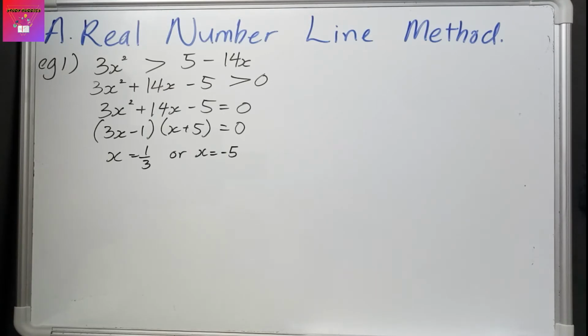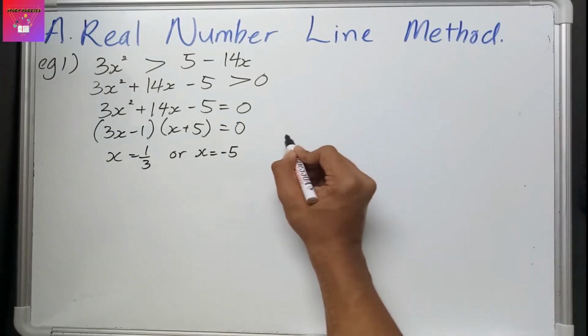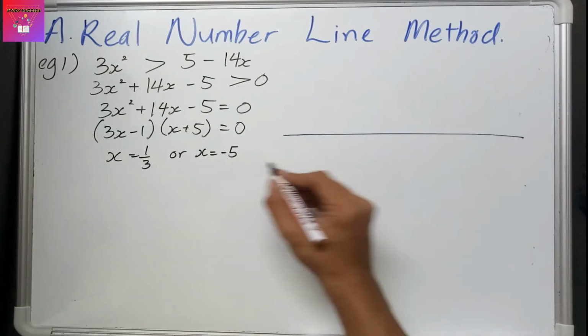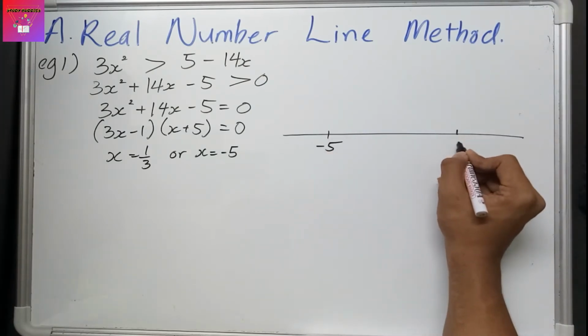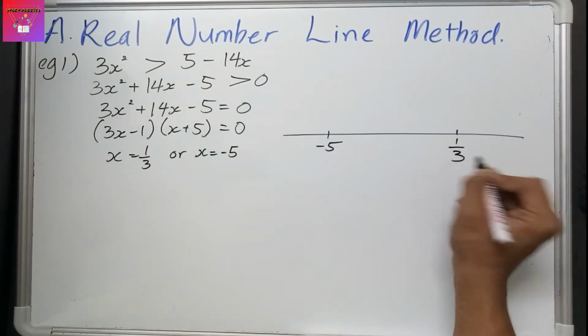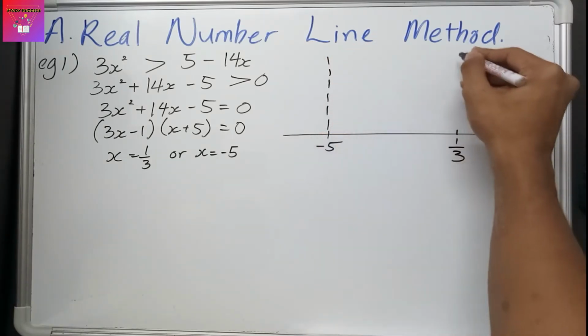Okay, so once we get the answers, what we have to do now is start drawing the real number line. So let's say this is the number line. -5 would be coming first, followed by 1 over 3. Then I will just divide it using dotted lines.